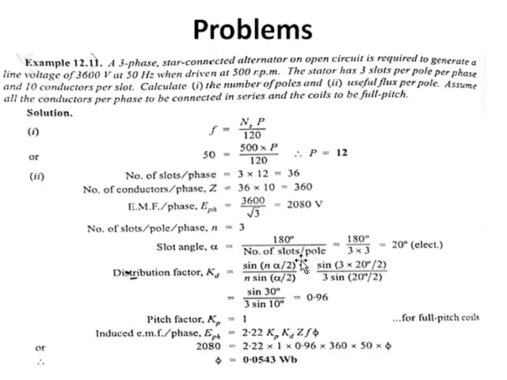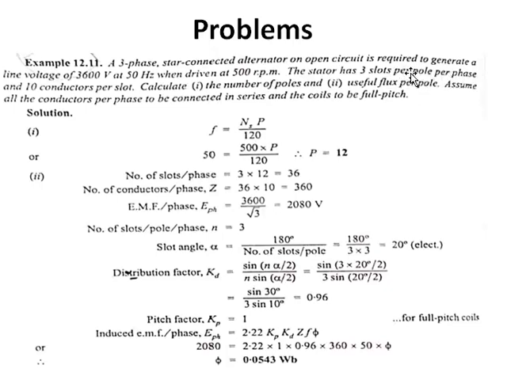The number of slots per pole is 3 into 3. You can see this is the number of slots per pole per phase. We want to calculate the number of slots per pole only.